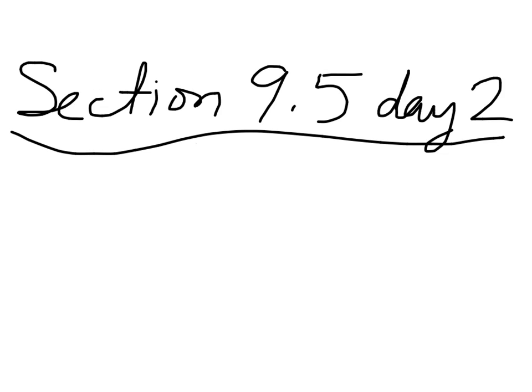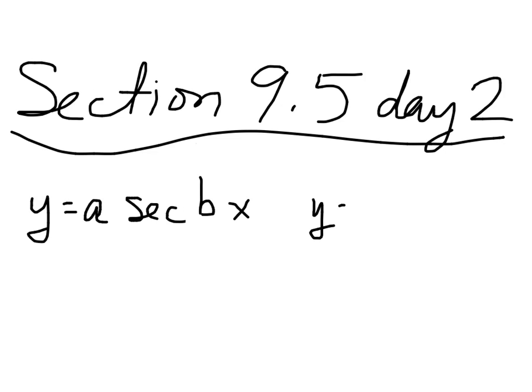Okay, so the last 2 types of graphs that we're going to look at on 9-5 are the secant and cosecant curves. We've got the same type of scenario: secant of bx, and the cosecant.